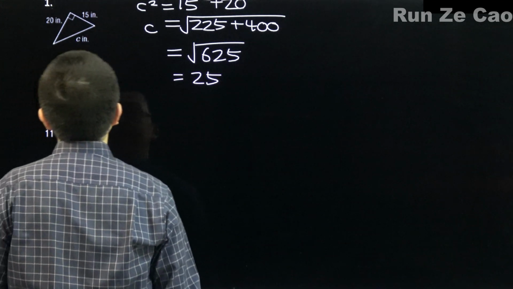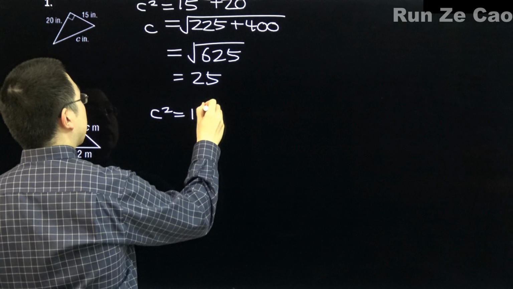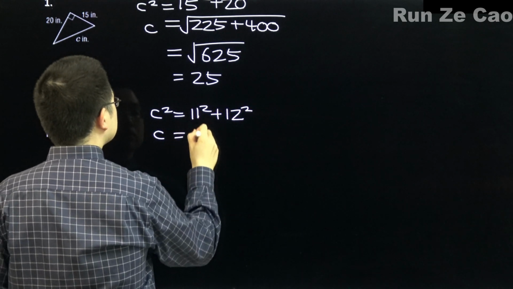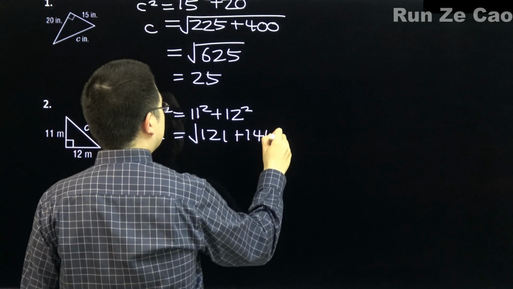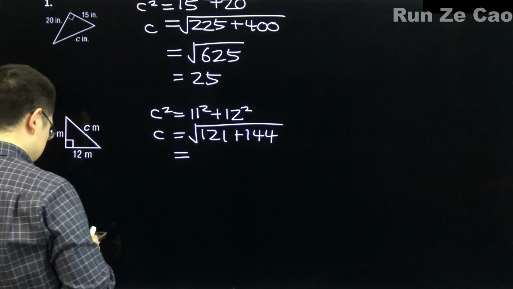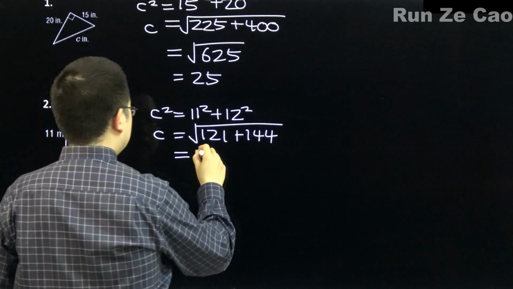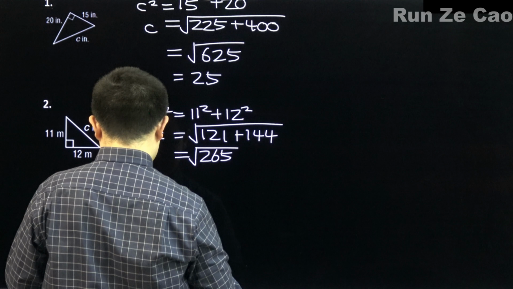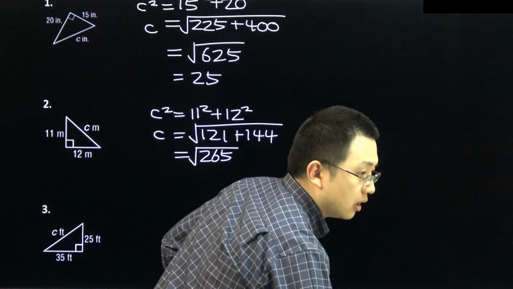What about here? Well, we have c squared equals 11 squared plus 12 squared. Therefore, c is equal to square root of 121 plus 144. So, plus 144, 265. And when we square root that, oh dear, we're going to have to round to the nearest tenth.